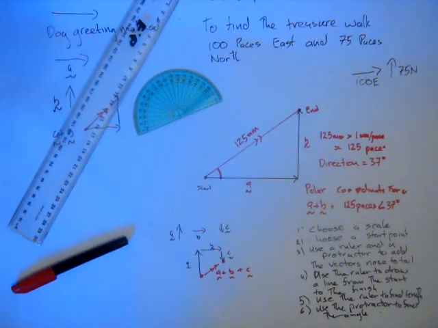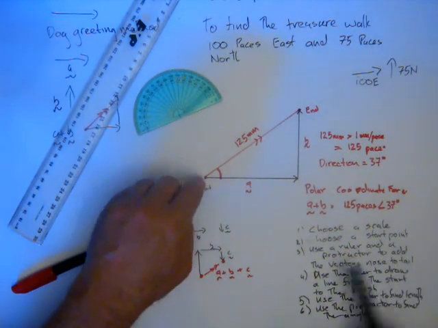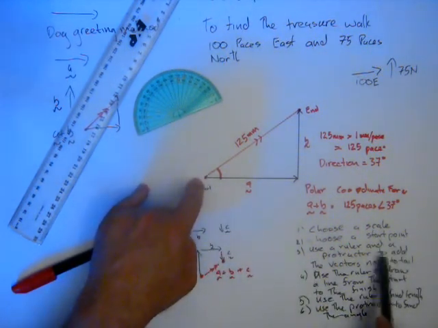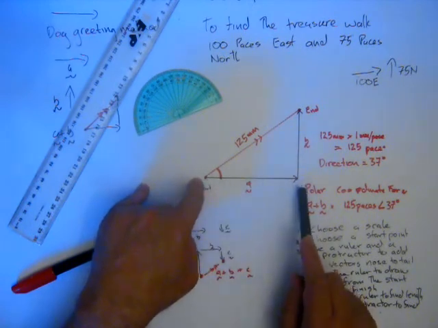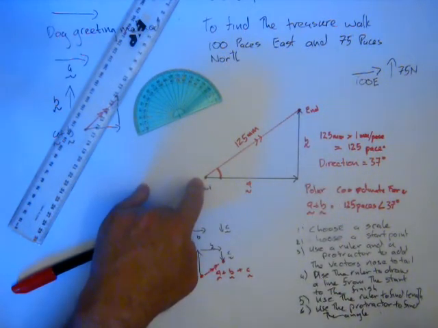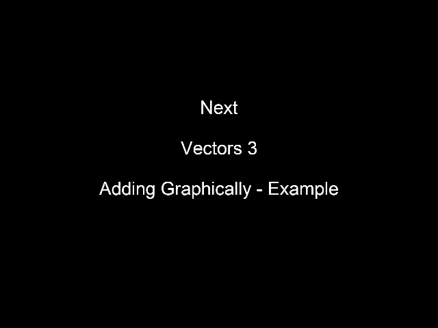So that's the basic technique that we're using. We choose a scale, choose a start point, just put it on the paper somewhere. Use a ruler and protractor, add the vectors nose to tail. Use the ruler to find the length, and use the protractor to find the angle. Okay, we'll do another example in a second.